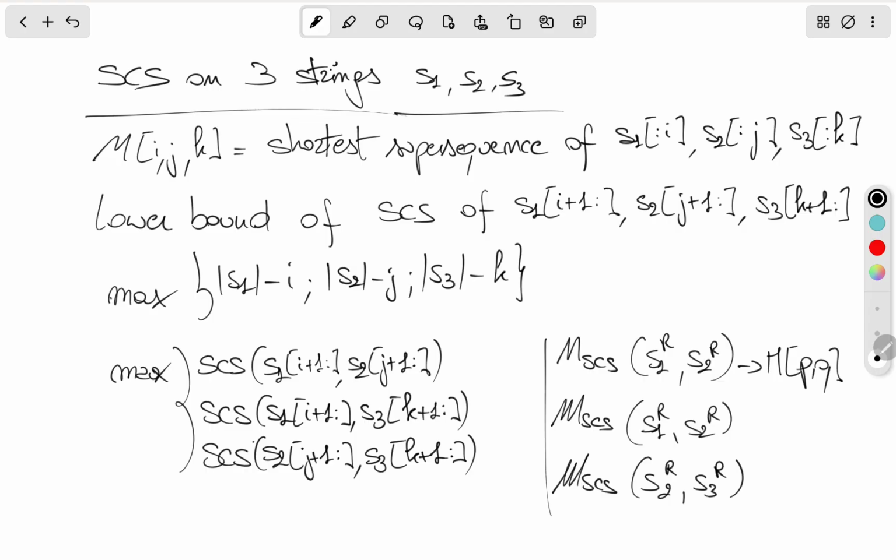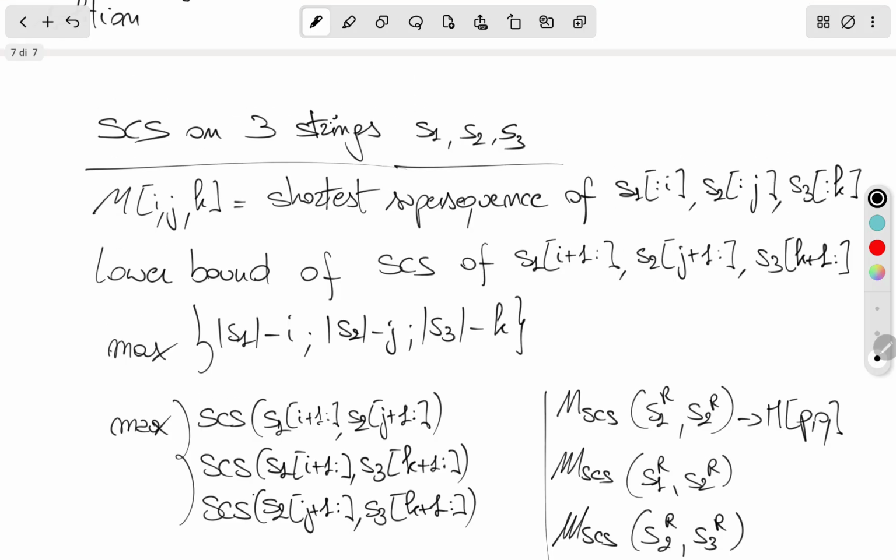The specific lower bound we have described here is for the shortest common supersequence. The A star idea is fully general. And the idea of reframing dynamic programming as a shortest path problem is something that applies to any dynamic programming approach. So there is a lot that you can adapt in a different context.